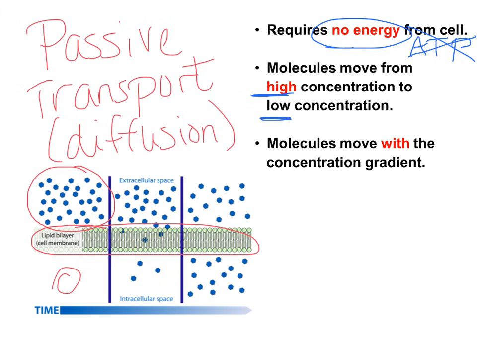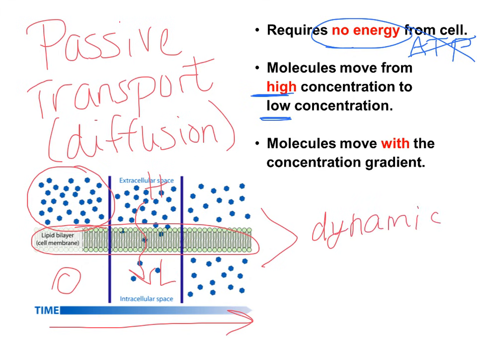And so over time, as time is increasing, these molecules slowly start to diffuse across the membrane from a high concentration to a low concentration. Think of it almost like going downhill. This doesn't require any energy for it to go from a high to a low concentration. And it's going to do this until it hopefully reaches what's called dynamic equilibrium.